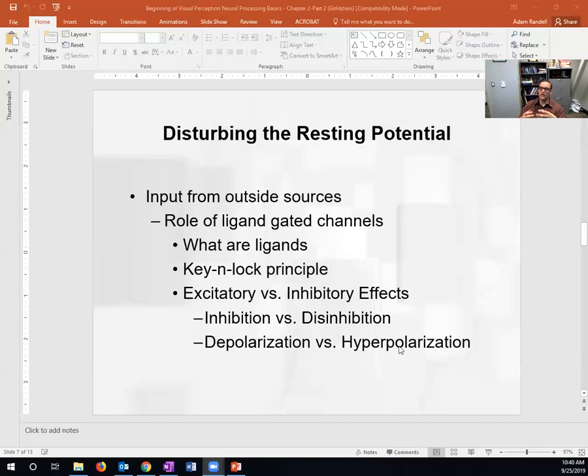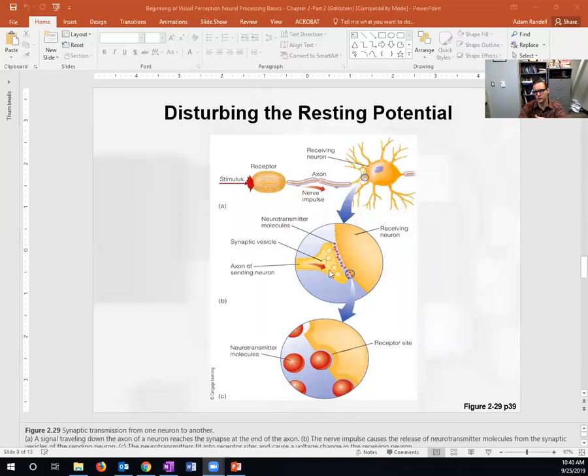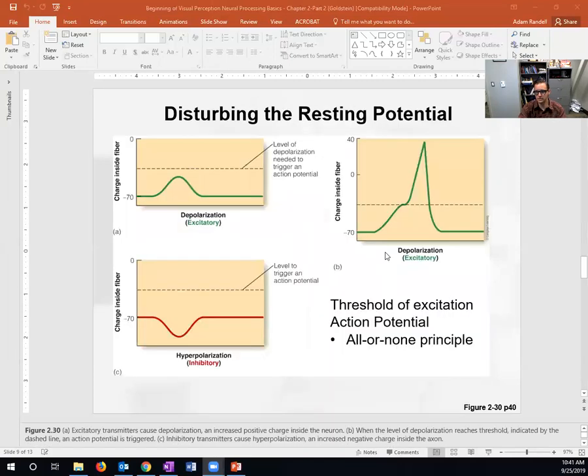Now, why do these things matter? Well, here's a picture of some neighboring cells sending chemicals that might open those ligand-gated channels. In cells with action potentials, here's your resting potential.